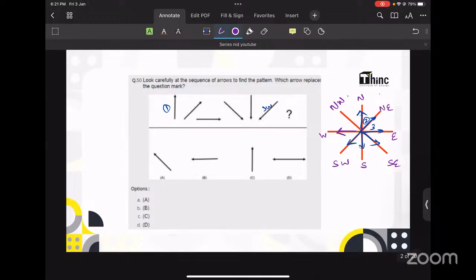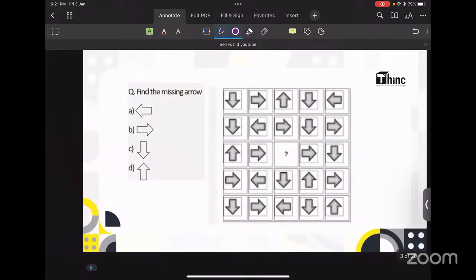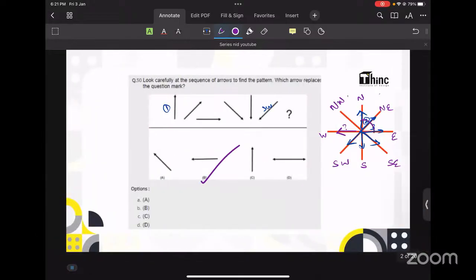Towards the left you can find option B, so this is the predicted answer. It is just a cyclic logic, and a cyclic logic is clearly working here.